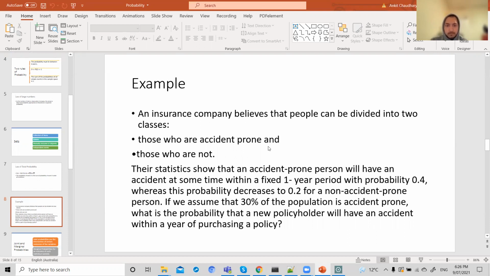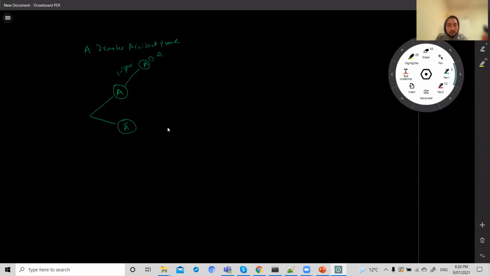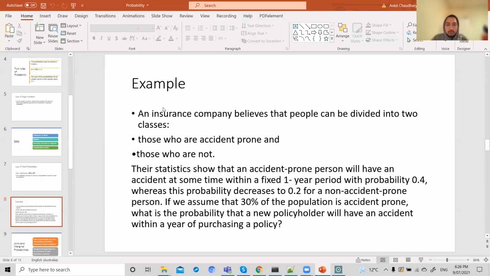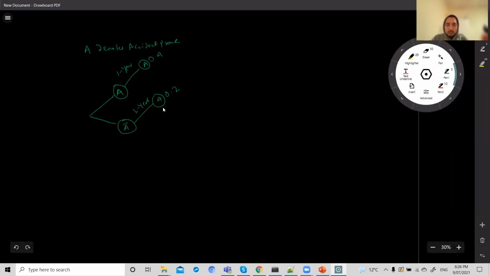And likewise, this probability decreases to 0.2 for a non-accident prone person. So for a non-accident prone person, the probability decreases to 0.2 after 1 year. And then if we assume that 30% of the population is accident prone, so this is 0.3, then this will be 0.7, right? Because the total is 1.